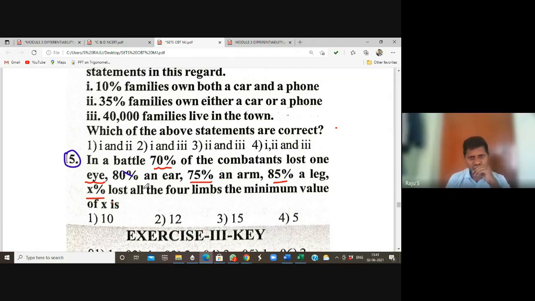Okay. So what do you understand? Then how can you find the answer? X persons lost all the 4 limbs. Then the minimum value of X is. Minimum value.